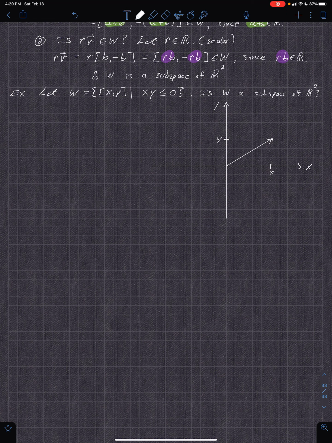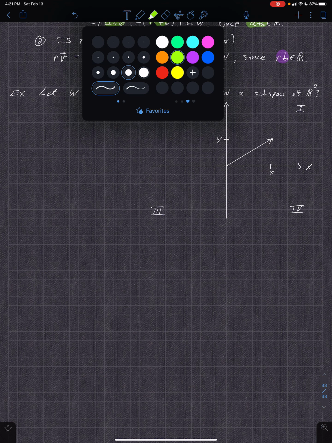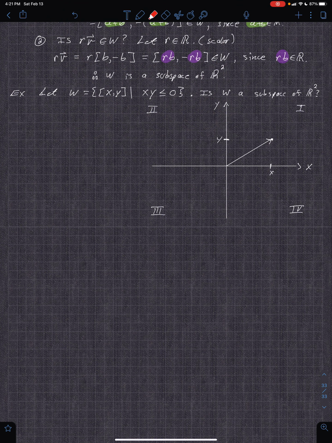So the ones whose product is going to be negative are in which quadrants? This is quadrant 1, 2, 3, and 4. So we can see that quadrants 2 and 4 have a product that's negative, right? So it's this quadrant over here.